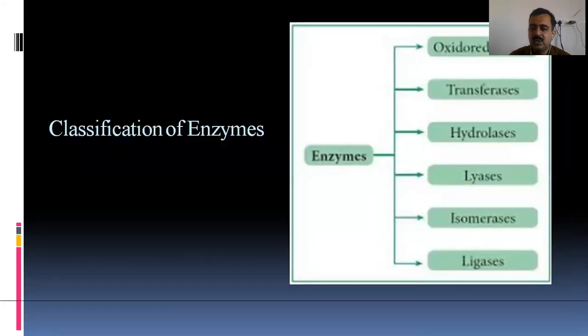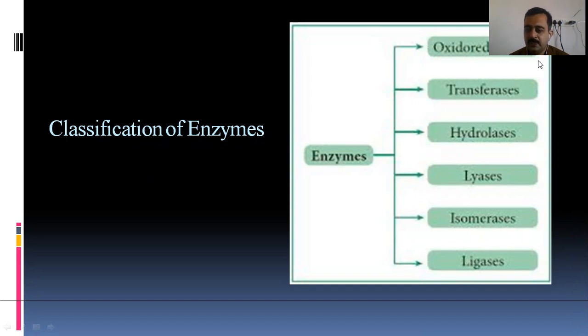In this classification part, we have various different classes of enzymes. So what are the classes of enzymes? Six classes are there in which enzymes are being classified: oxidoreductases, transferases, hydrolases, lyases, isomerases, and ligases.